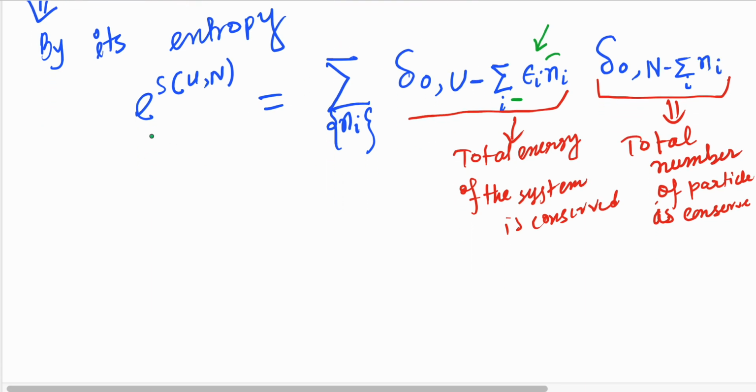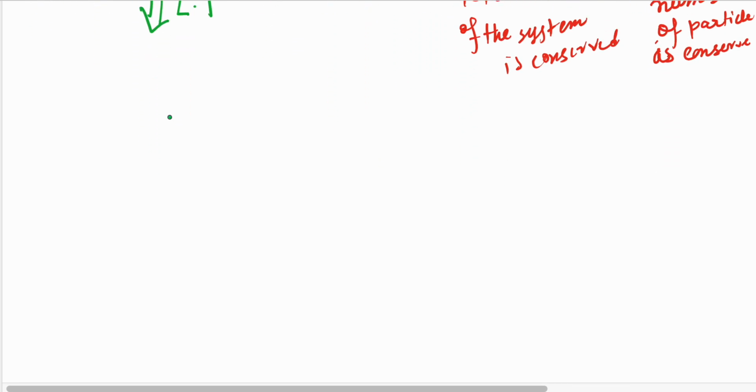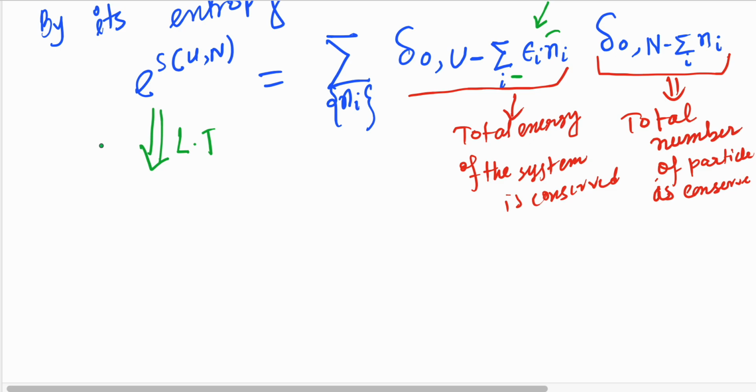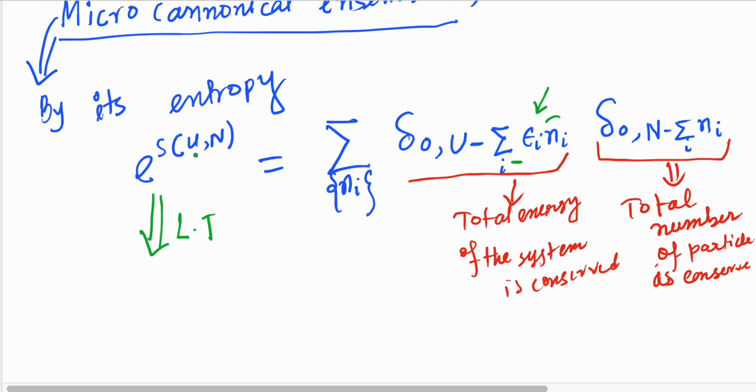Now, we can describe the same system in the canonical way. Canonical means the Legendre transformation of this microcanonical ensemble. We know that by Legendre transform we just remove one extensive variable and replace it by an intensive variable.